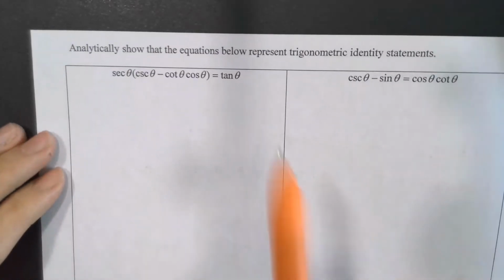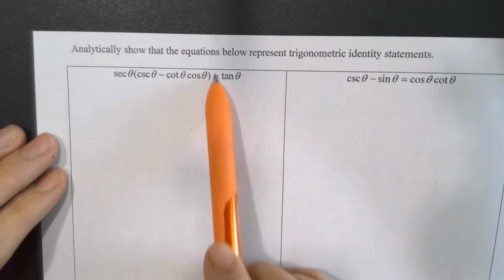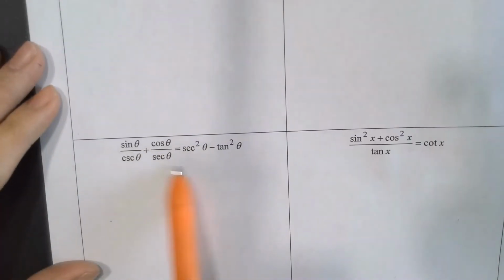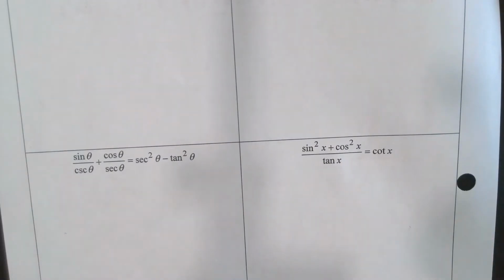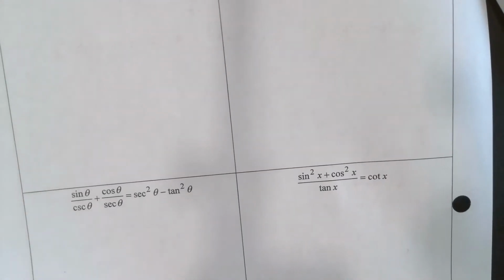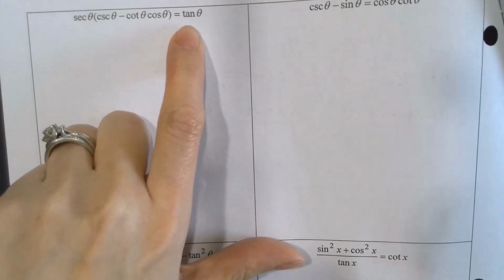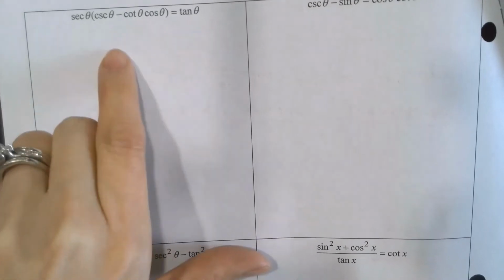Look at the back. Which side looks more complicated, left or right? Left, yes. Over here, left. Over here, left. It looks like for all the problems you just start from the left side. It is okay to start from the right side, but a lot of times you get stuck. For example, this one, if you start with the tangent theta, what are you going to do? How are we going to go from here to there? Kind of impossible.